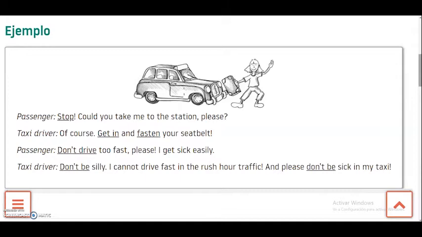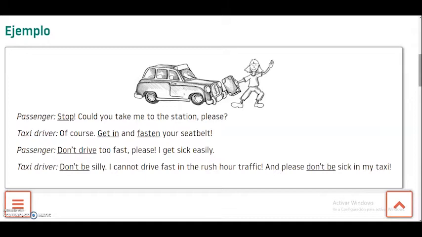Okay, taxi driver, of course, get in and fasten your seat belt. Okay, and then again, get in without the subject. Okay, they are using the verb directly to the person.